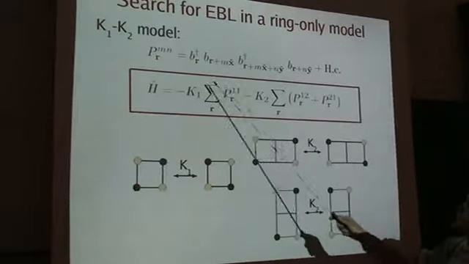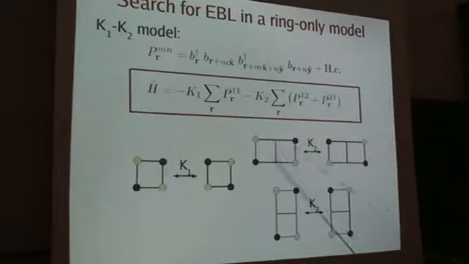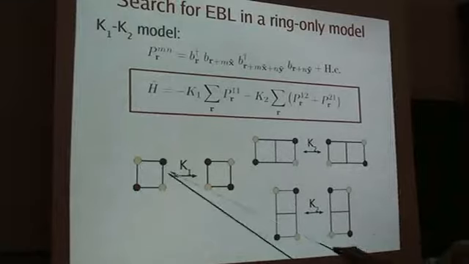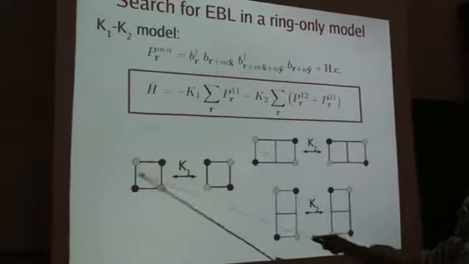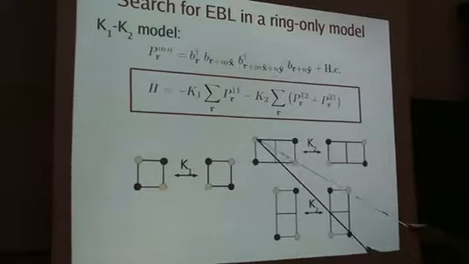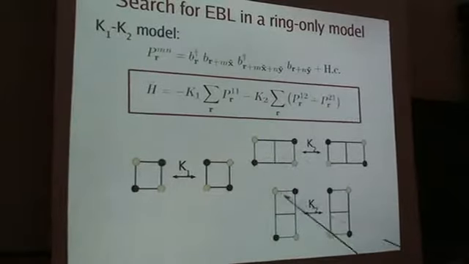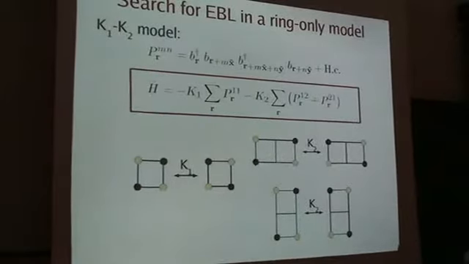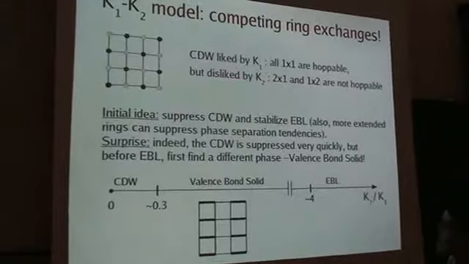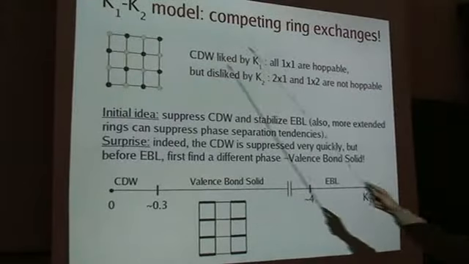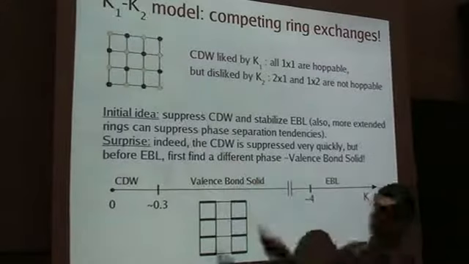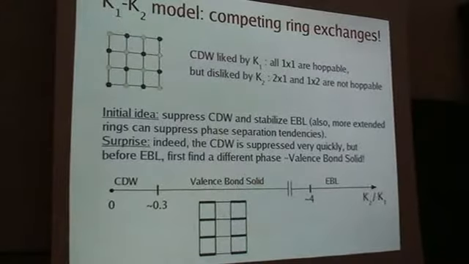modification of the model where, besides this one ring exchange on elementary plaquettes, we also added ring exchanges on 2x1 and 1x2 plaquettes. And the idea was that these two types of ring exchanges will compete with each other.